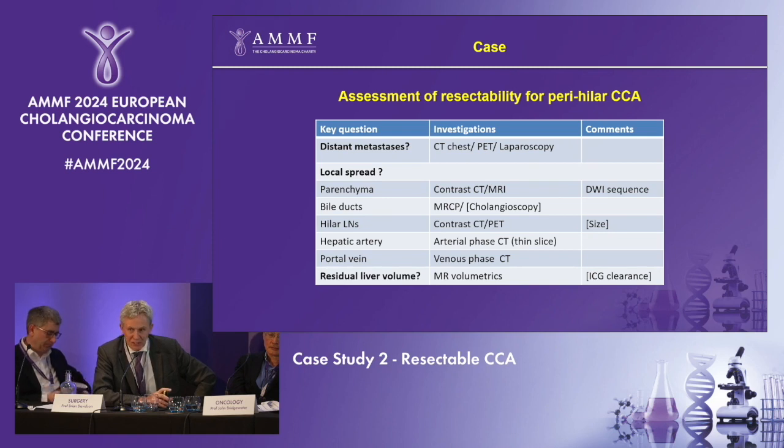The way of us deciding whether or not it has spread so extensively in the liver that it can't be cured by surgery is based on contrast CT and MR. And particularly there's a lot of interest in using special sequences of the MR that are gained routinely but can give information about whether or not nodules within the liver are cancer nodules or other benign nodules such as small abscesses, which can happen in the same patient group.